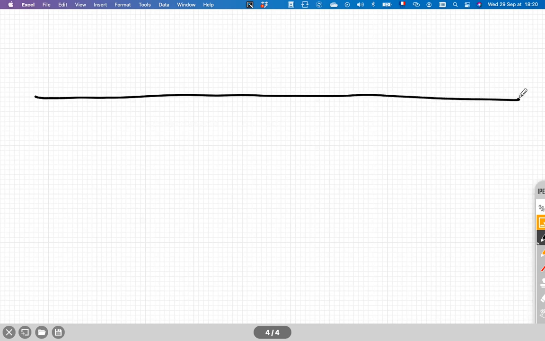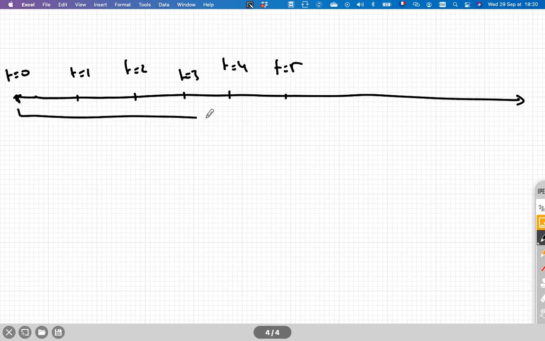So this is the timeline. We are here at T0. T1, 2, 3, 4, and 5. This is the first phase, which is deposits. And then we move to the second phase, 6, 7, 8, and so on.